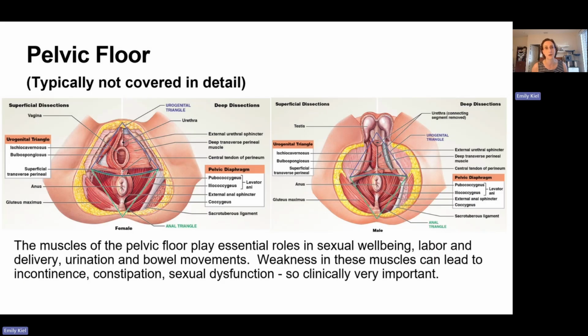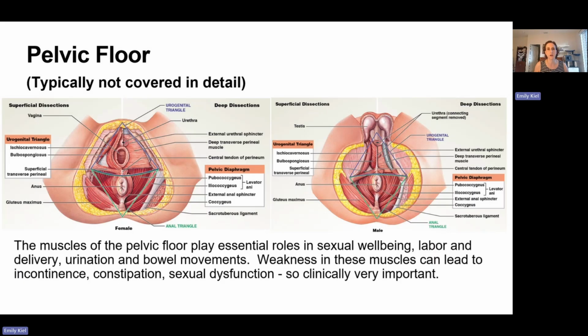I mean, you're not going to see anybody's pelvic floor muscles, but you're going to hear about them. The muscles of the pelvic floor are really important for sexual well-being, for labor and delivery, for urination and bowel movement. And when there is dysfunction, you can see incontinence, constipation, and sexual dysfunction. So they are super, super important.